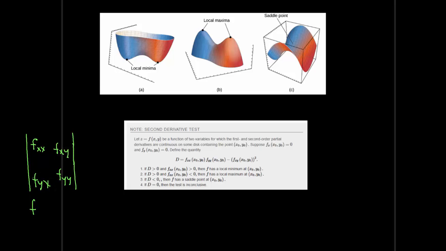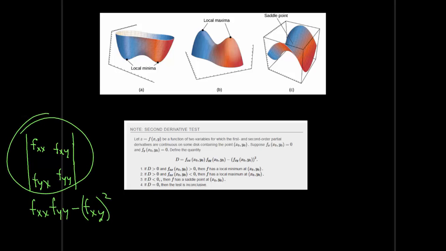So if we just find the determinant like usual, since fxy and fyx are the same, let's just call this squared. This is just a method that you can use to get this formula.